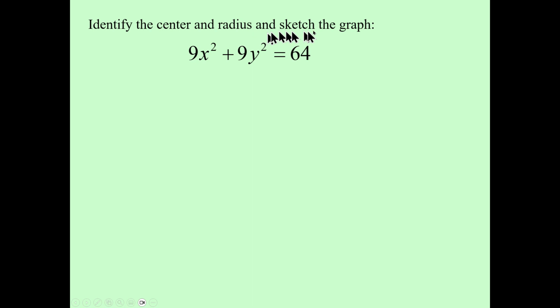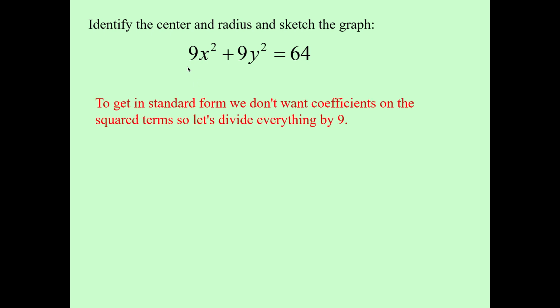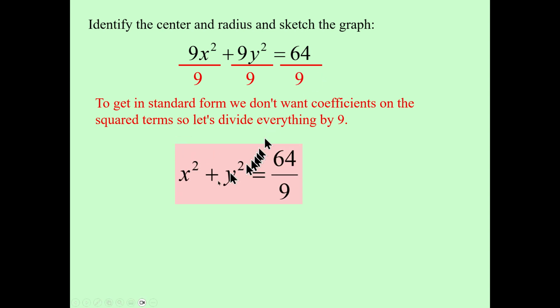Identify the center and radius and sketch the graph. Get in standard form. We want to change the coefficients to be equal to 1, so we divide through by 9. And this, if you remember, is r squared.